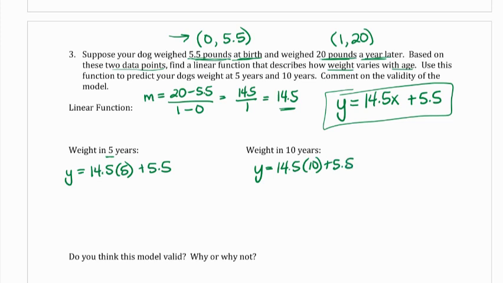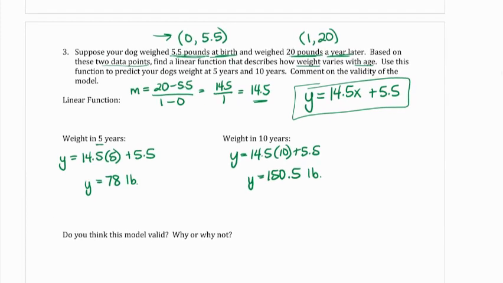Okay, so then if we calculate those, our first one, I'm going to get 78. And the second one, we get 150.5. Now remember that y variable is weight, right? So this is a 78-pound dog after 5 years and a 150-pound dog at 10 years.